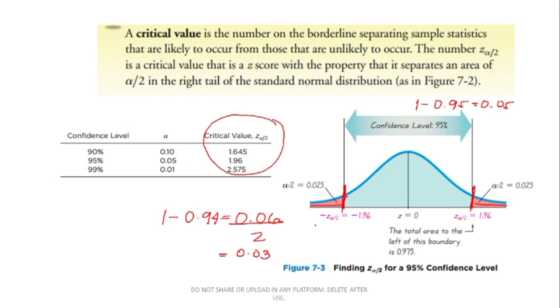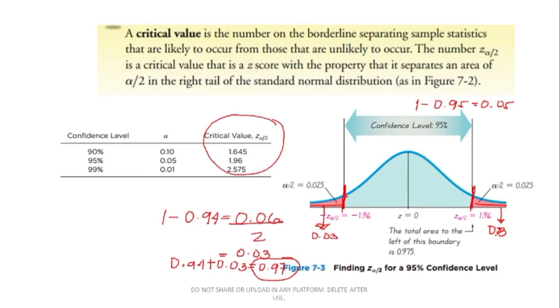So this portion would be 0.03 and this portion would be 0.03 also. This whole portion, from here to there, would be 0.94 plus 0.03, which is equal to 0.97. So now you look in our table for the critical value. You look for the 0.97 value there. That's all.